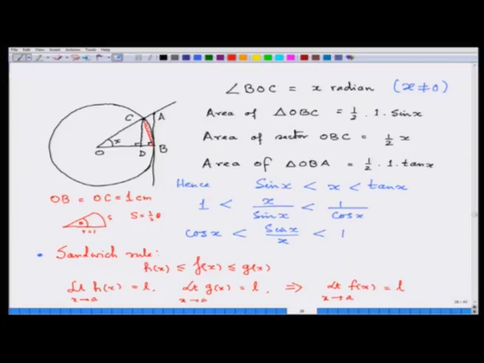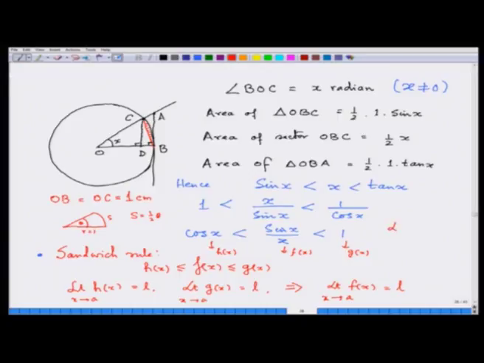So, here if I take the limit of cos x as x tends to 0, that will go to 1, and the limit of 1 when x tends to 0, because it is independent of x, will just be 1. So, f here is sin x by x, g is just the constant function 1, and h is your cos x.